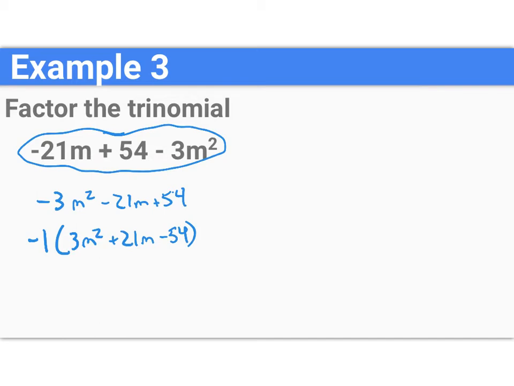And so now, I know I'm going to be dealing with 3m plus something and then just regular m. Okay. Minus something. Because this is a -54.